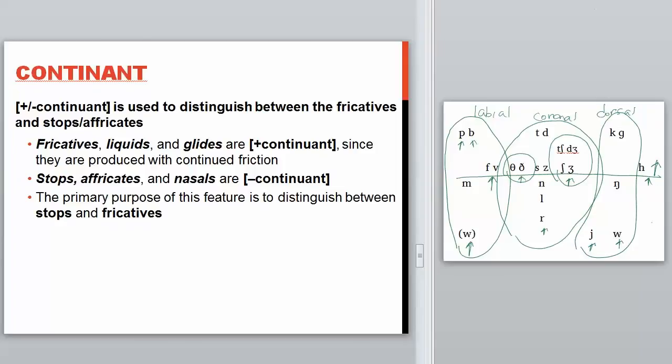Now, if we look at the manner features we've used so far, we've isolated affricates here with plus delayed release. We've isolated nasals with plus nasal. And we've isolated glides with minus consonantal.